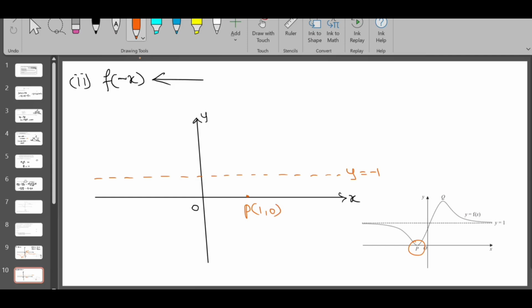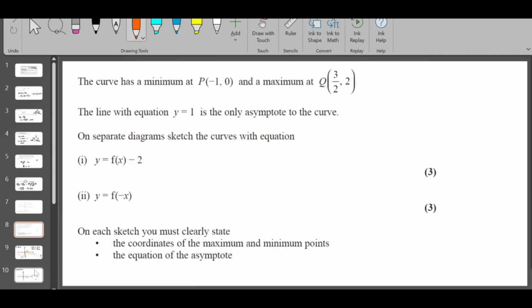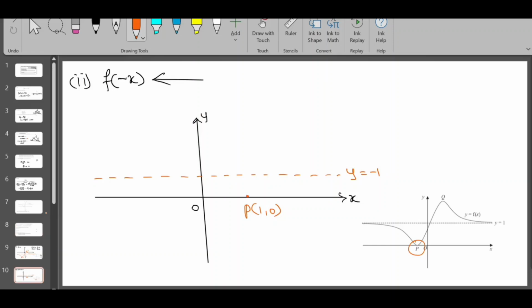The point Q, which is 3 over 2, 2, becomes Q of minus 3 over 2, 2. So when you flip it, you will have this graph.